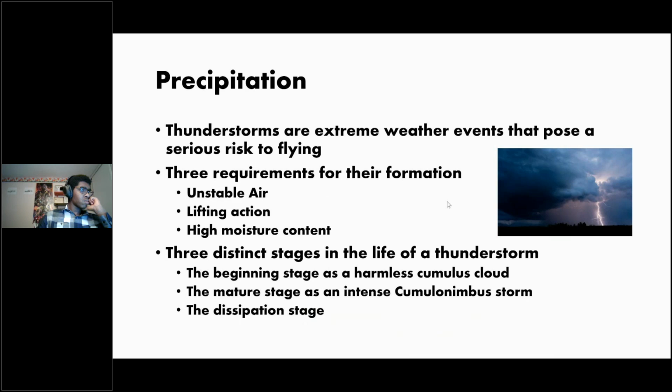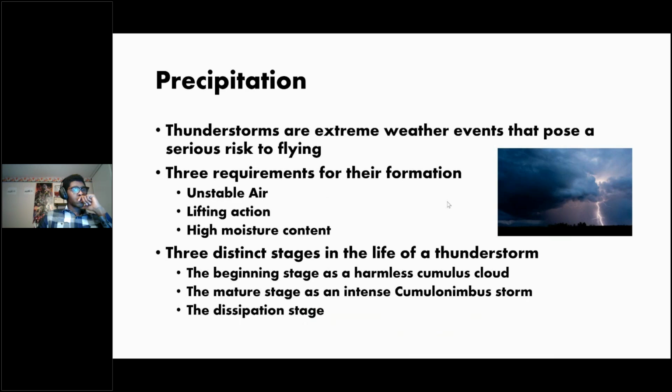There are three stages of a thunderstorm. The beginning stage is a harmless cumulus cloud, like a puffy white cloud. But gradually, as this cloud gets more and more moisture in a very small time frame, and there's a lot of lifting action keeping this cumulus cloud as one big connected entity, even as it moves really high into the atmosphere, it becomes a cumulonimbus cloud.